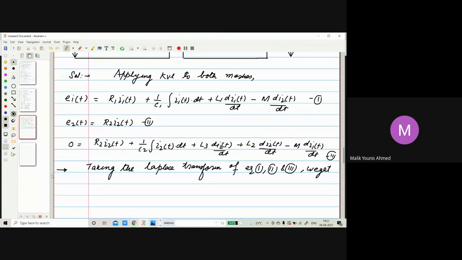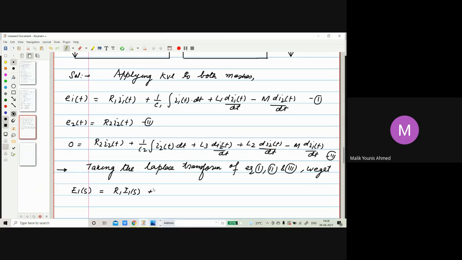Okay, fine. So let's take the Laplace transform of these equations. E1 of s, it is 1, it's not I. So that will be R1 I1 of s. Very simple Laplace transform.